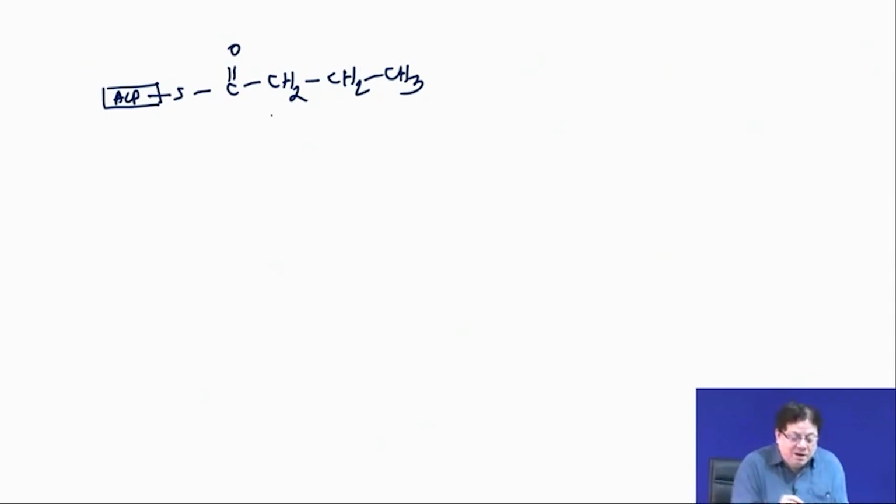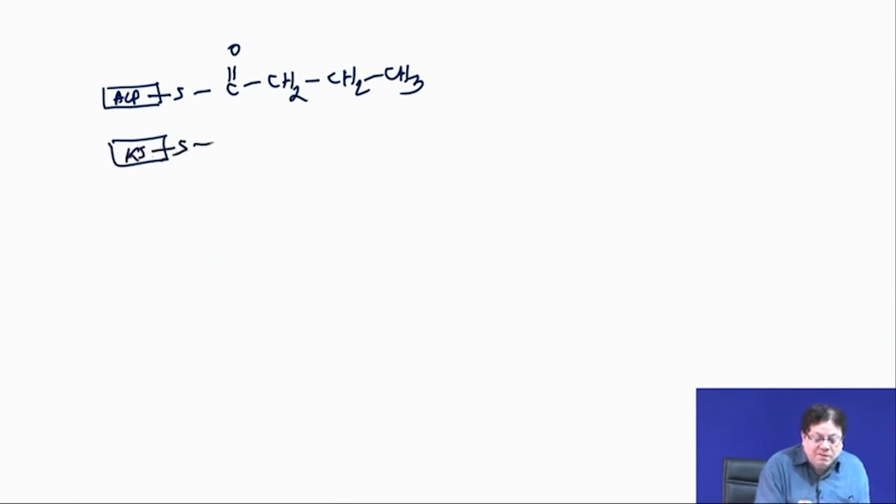Now, what happens? This has to be repeated. So, again a ketosynthase-S, ketosynthase, ACP, ketosynthase. Now, it has to be repeated. Basically, in the reaction that takes place, remember the ACP always holds the malonyl group.